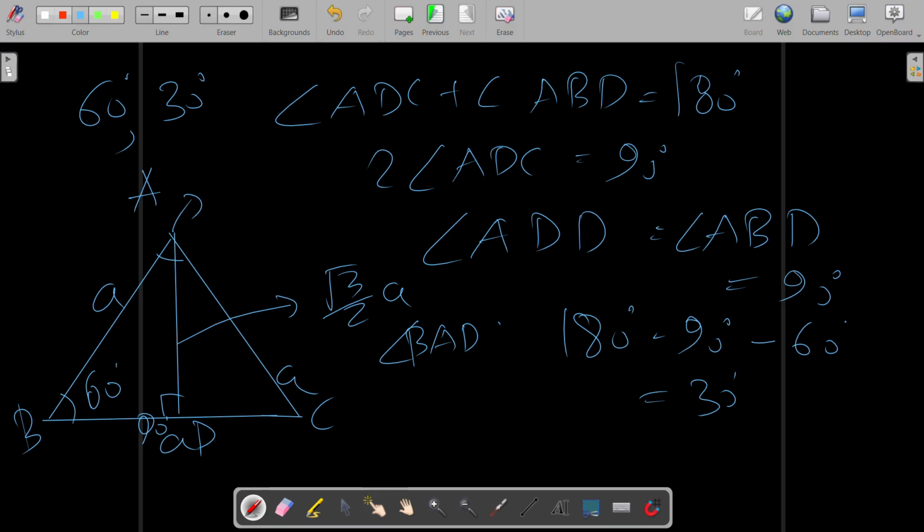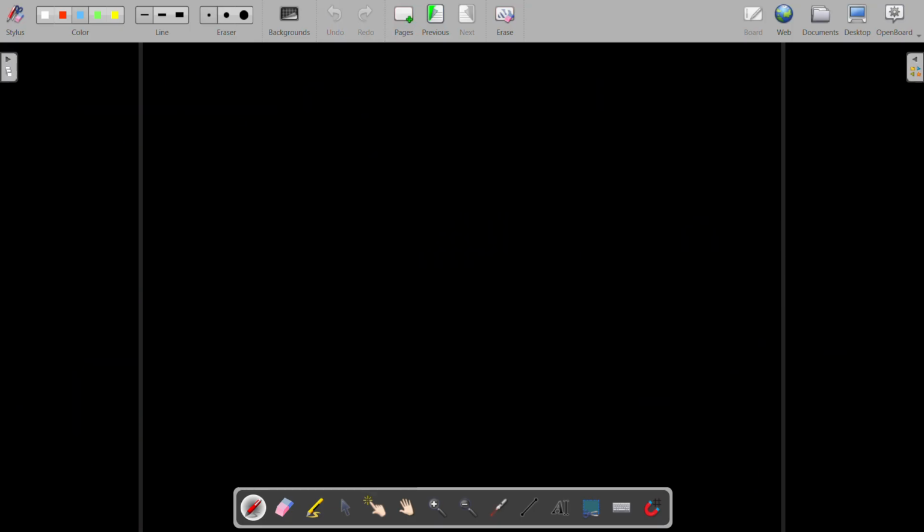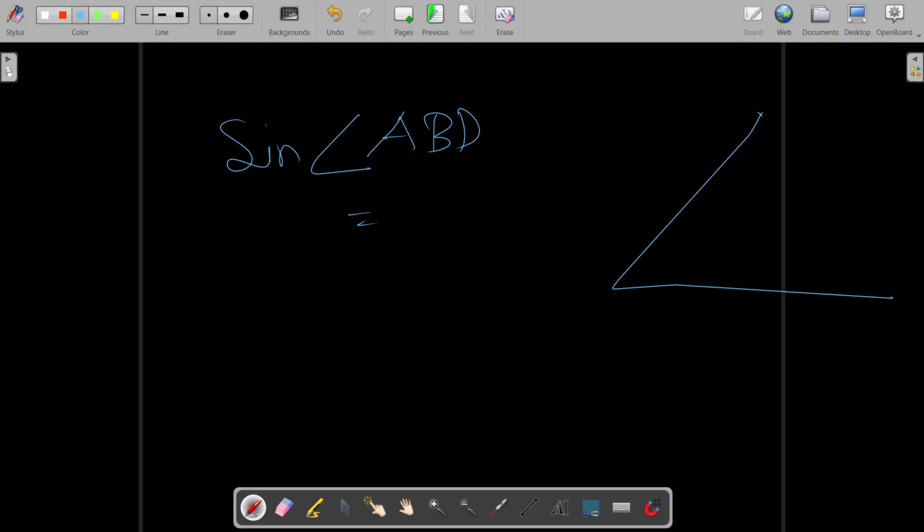Now this is the median, so BD equals A by 2. This length of BD is A by 2 and this length is A by 2. So when we take this angle ABD, which equals ABC equals 60 degrees, the sine of angle ABD equals, let's draw the picture again here. A by 2, 60 degrees.